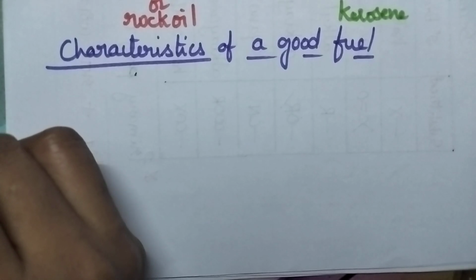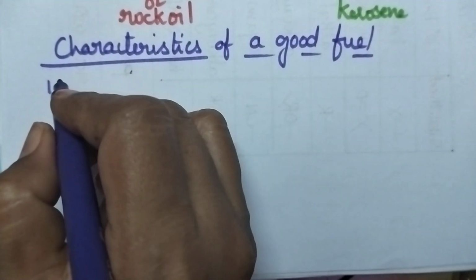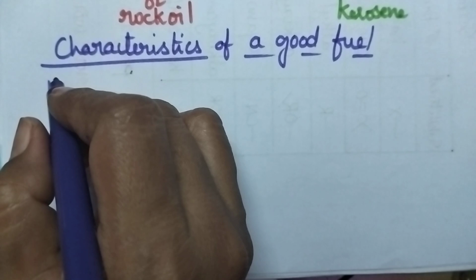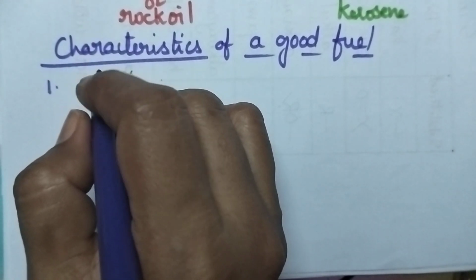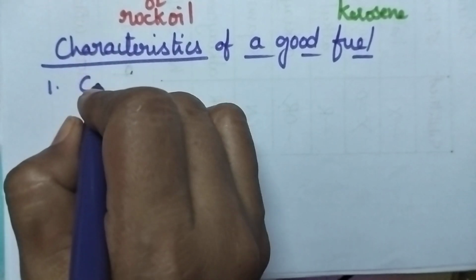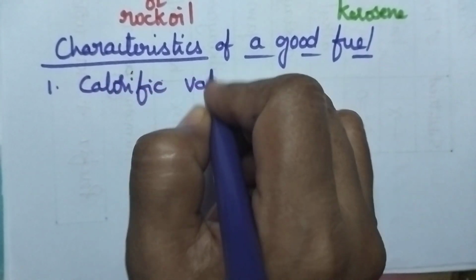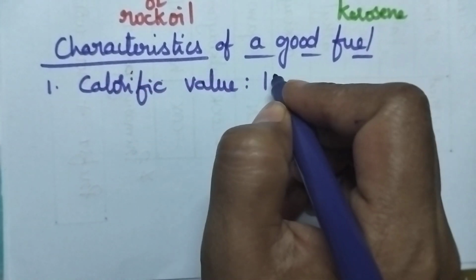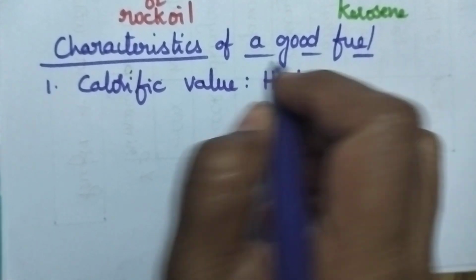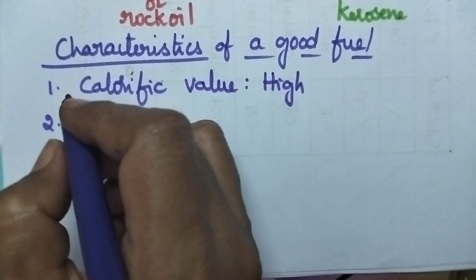In general, the efficiency of the fuel is measured in terms of calorific value. A good fuel is supposed to have high calorific value. So, a good fuel should have high calorific value.